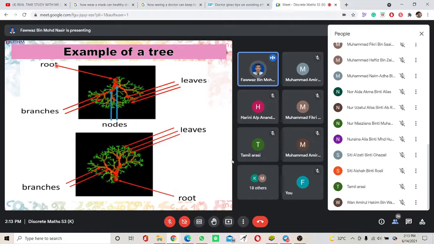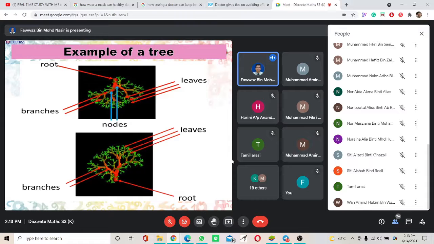Okay, contohnya yang biasa kita tengok kan, dia punya root ni, okay, root tree ni basically is the part yang hujung branch tu kan, dia punya base of the tree. Okay, jadi root ni kalau dalam computer science atau maths, sebab kita flip kita punya tree kan, so root dia dekat atas, okay, dekat branch yang paling, tempat branch yang paling, the thickest branch.